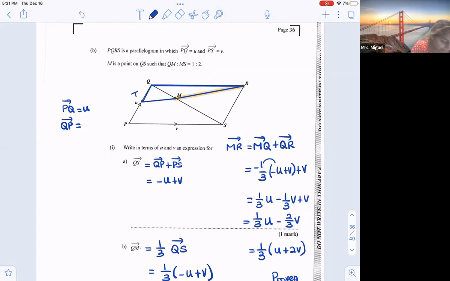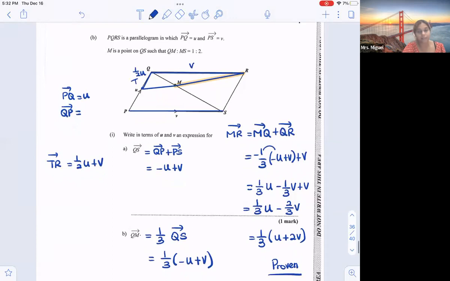So QR is the same vector here. So this is V. And T is the midpoint. So therefore, this is a half U. So TR is really a half U plus V. You see that? Take it off.